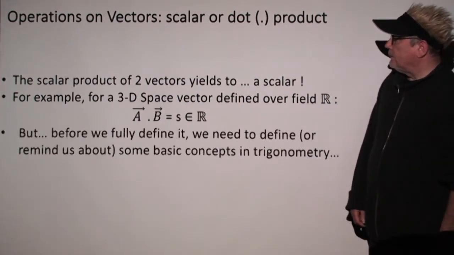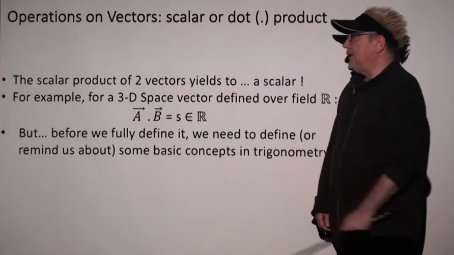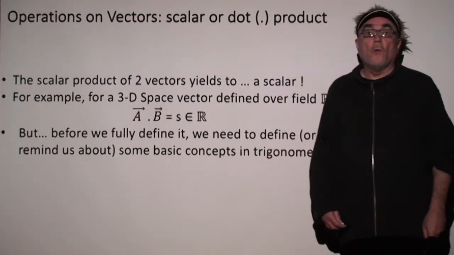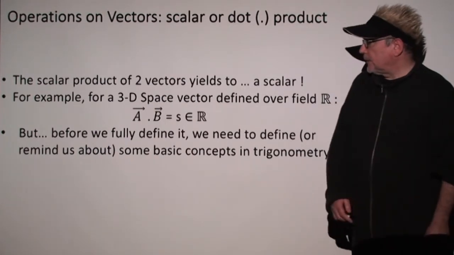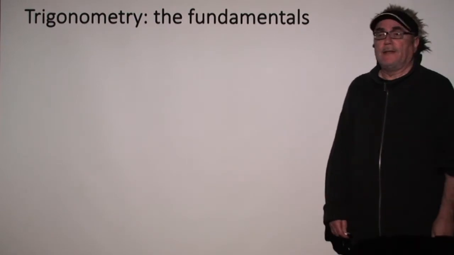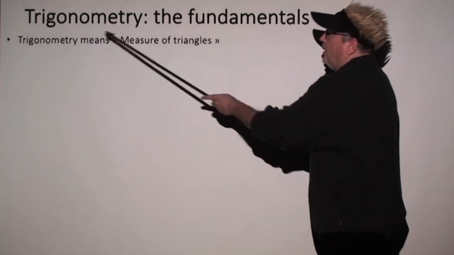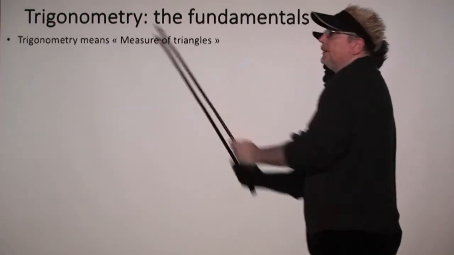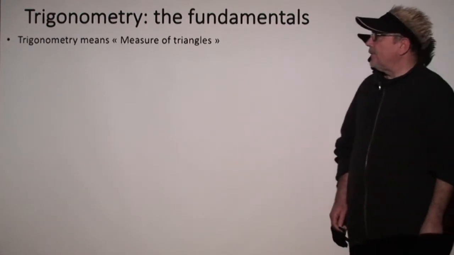So in order to define exactly what that number would be, we need to define more functions called trigonometric functions. I know trigonometry sounds like a complex name, but in fact it's very simple. It means measure of triangle in Greek, because it was invented by the Greeks, of course.